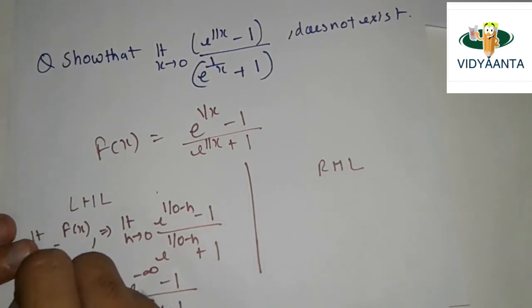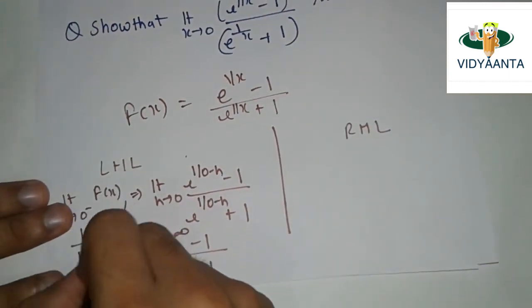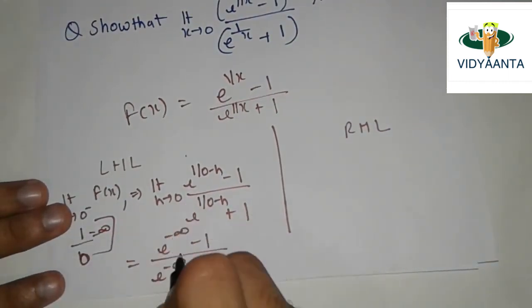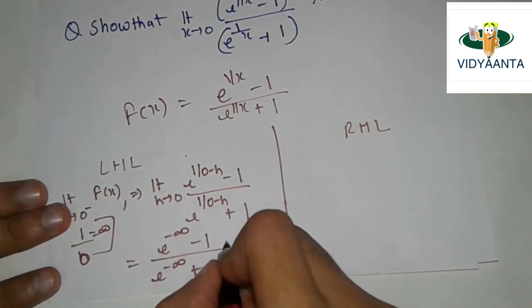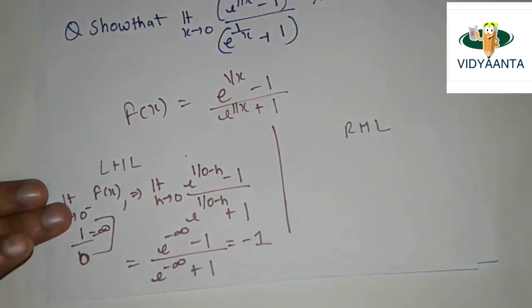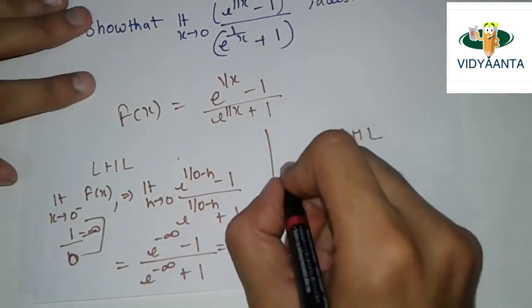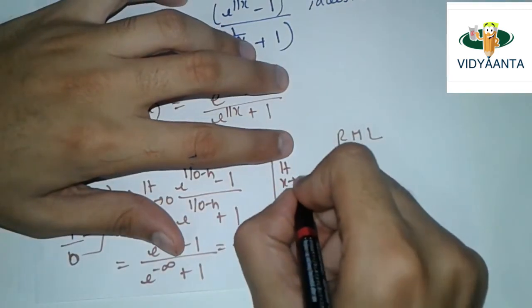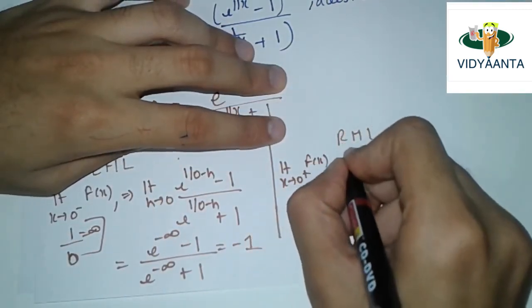As we know, 1 upon h means 1 upon 0 is equal to infinity. So (e raised to power minus infinity minus 1) over (e raised to power minus infinity plus 1) is equal to minus 1.